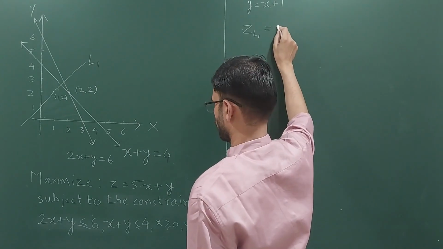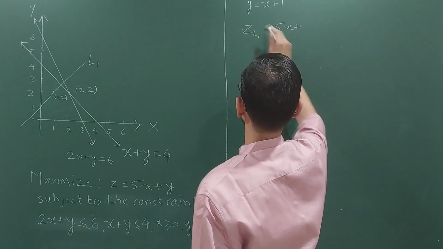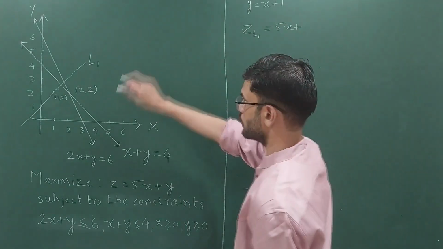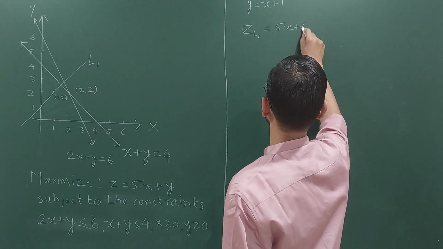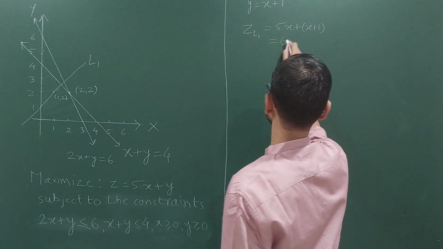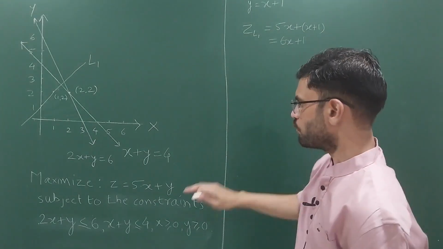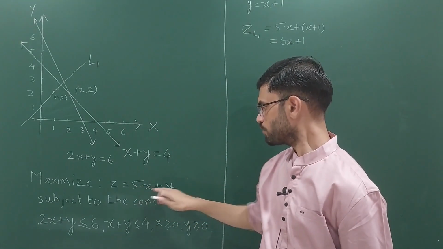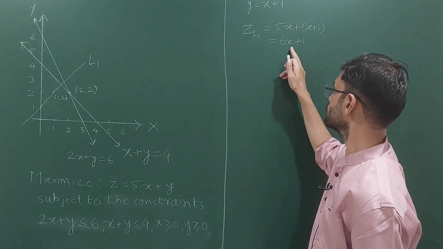It is 5x plus y, but y is x plus 1 along the line L1. So therefore we can substitute for y as x plus 1. So this is 6x plus 1. Now the objective function, which was earlier a function of two variables, has now become a function of only one variable, which is x.